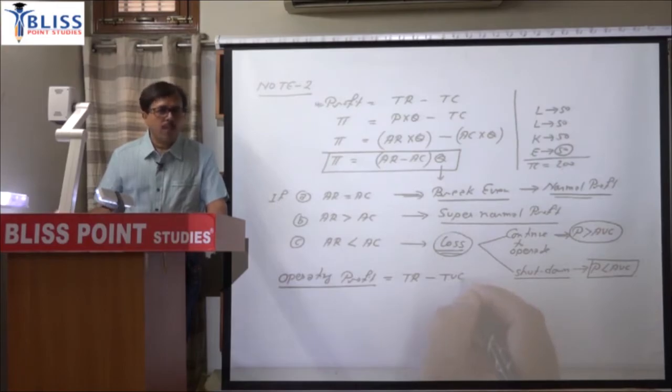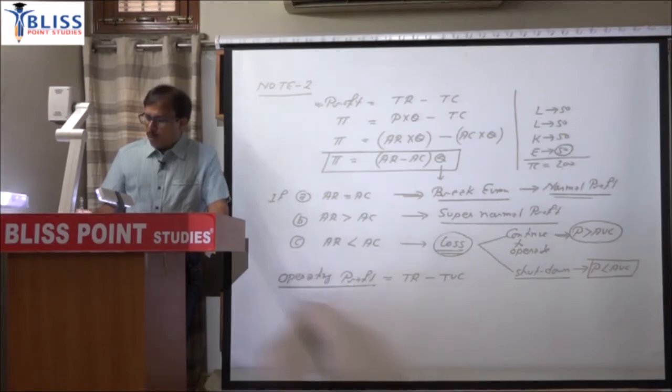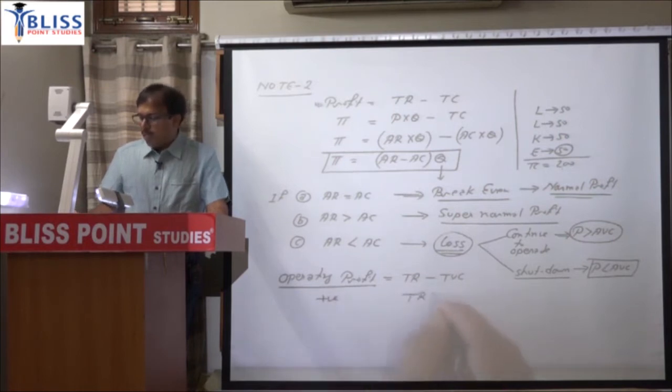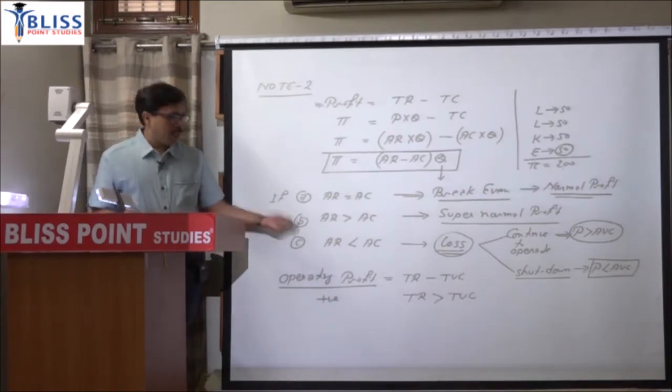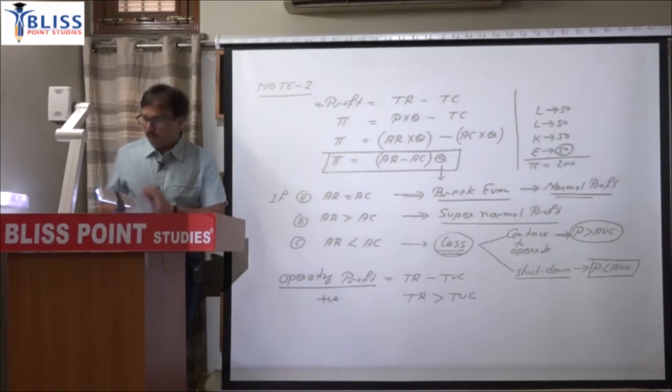You subtract only the variable cost, not the fixed cost. So if I say that operating profit is there, which means this number will be positive, but it will be positive only when TR is greater than TVC. In order to have positive operating profit, TR will be greater than total variable cost.